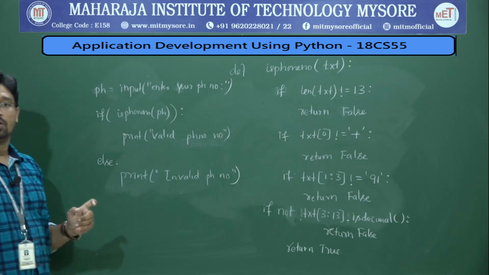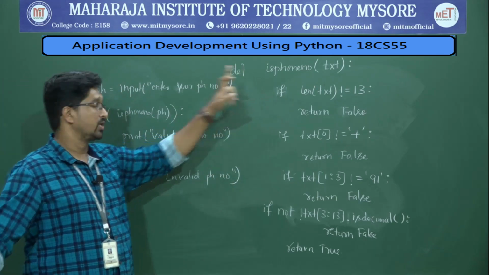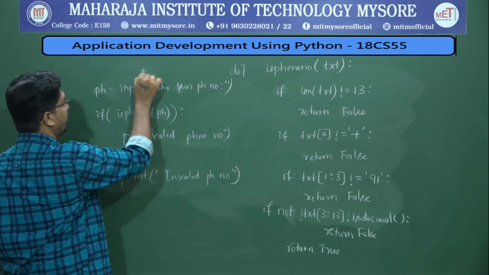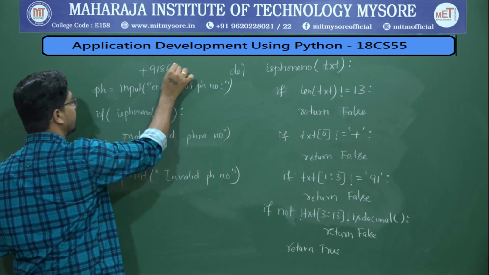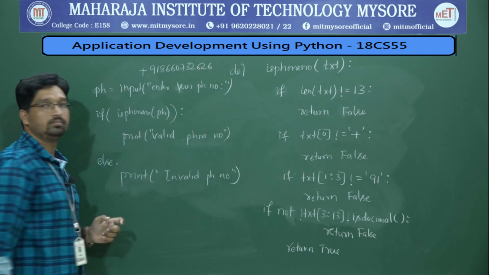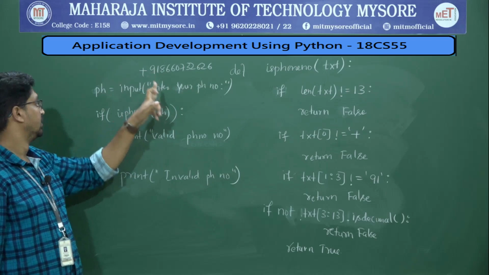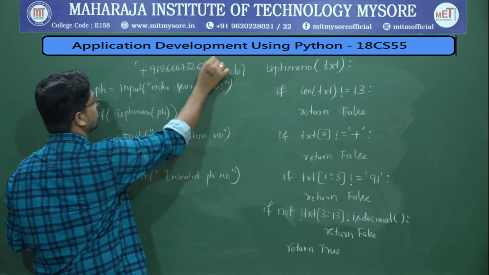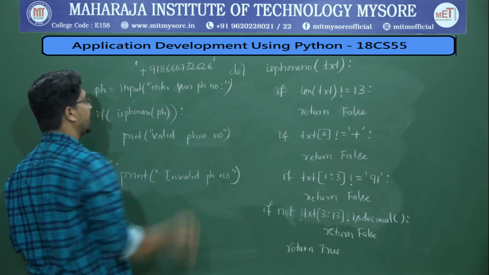So this is how you call this particular function. You have an input statement. Assume that you have entered plus 91866 0732626. You have entered the number, then this number is a text. It is actually text. It is not a number.